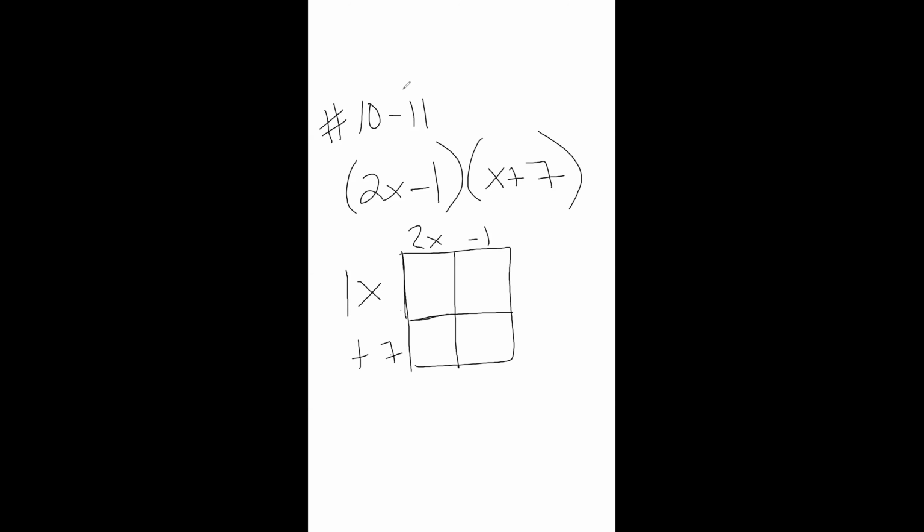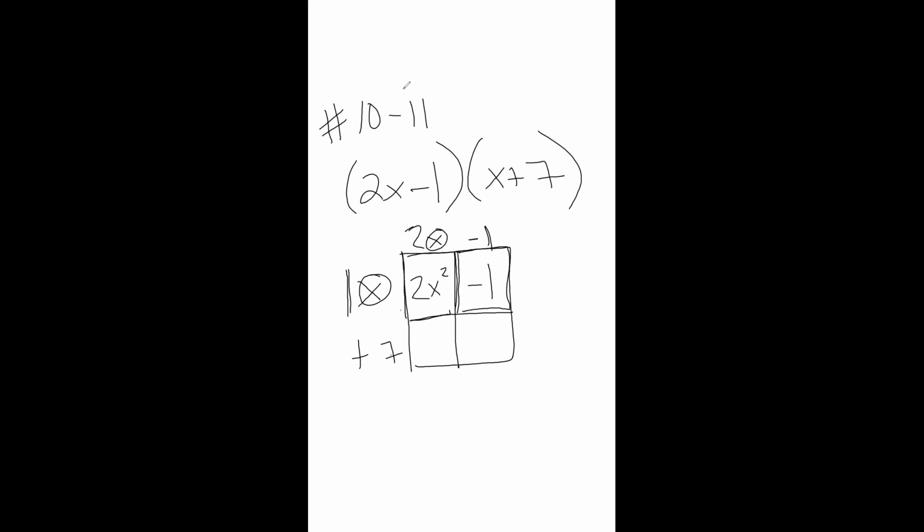So for this square, we're going to do 2 times 1 is 2. We have x, and we had 2x, 1x, so that's x squared. Then for this box, 1 times -1 is -1. So be careful when you're multiplying your negatives. Put it in the calculator if you need to.